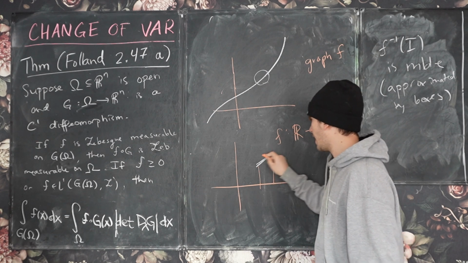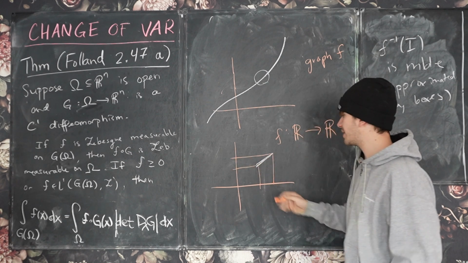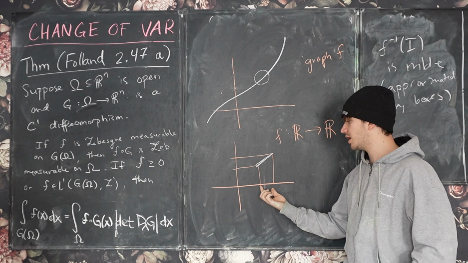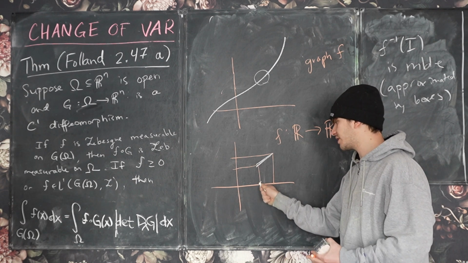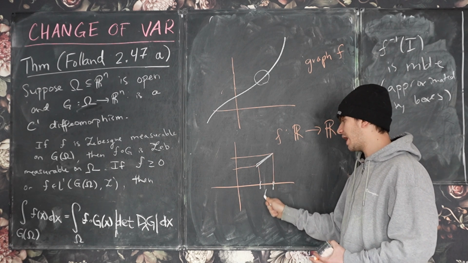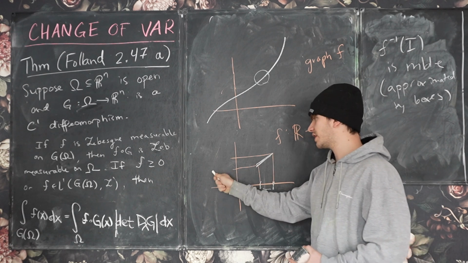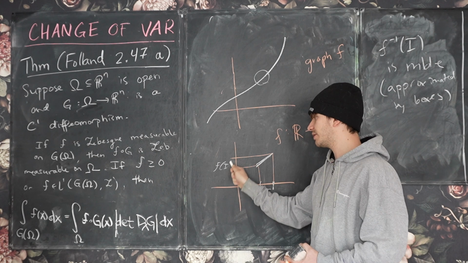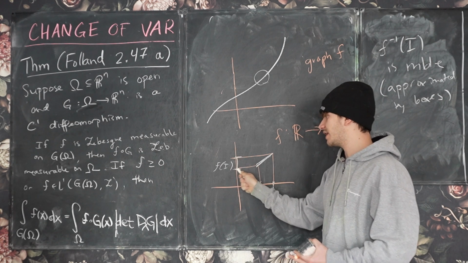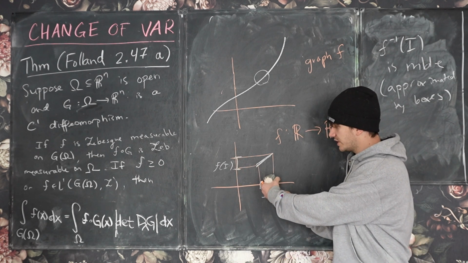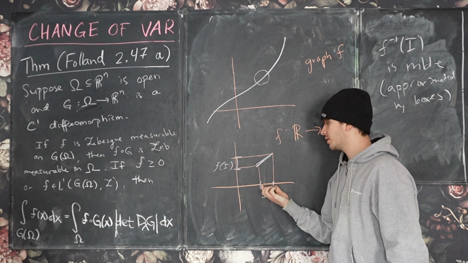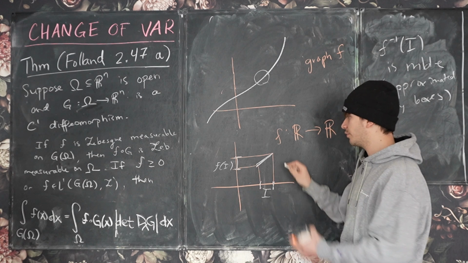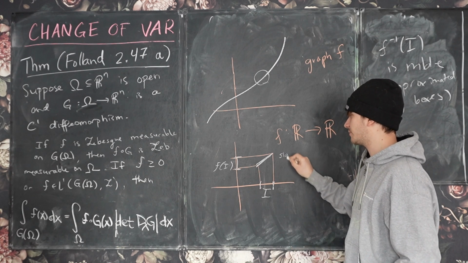And then I can understand the mapping f as essentially a map which locally changes the volume of an interval, right? If I look at this interval, here's the interval I, and then an interval here, f of I, the image of this interval. And the idea is that this interval is going to get the volume distortion. It's going to change volume by a factor which is precisely the slope of this line.